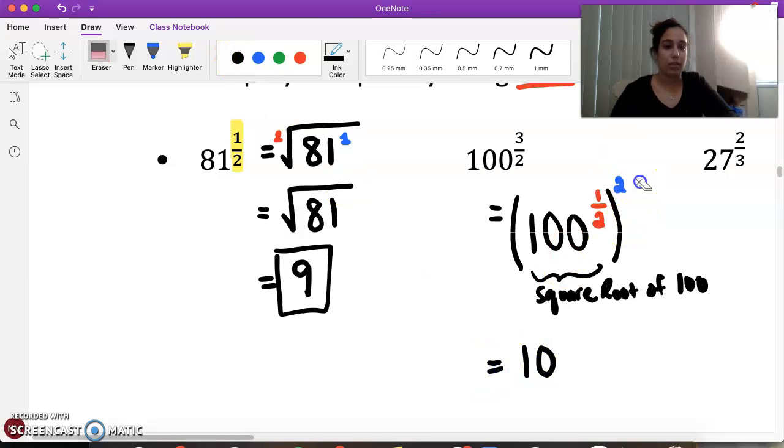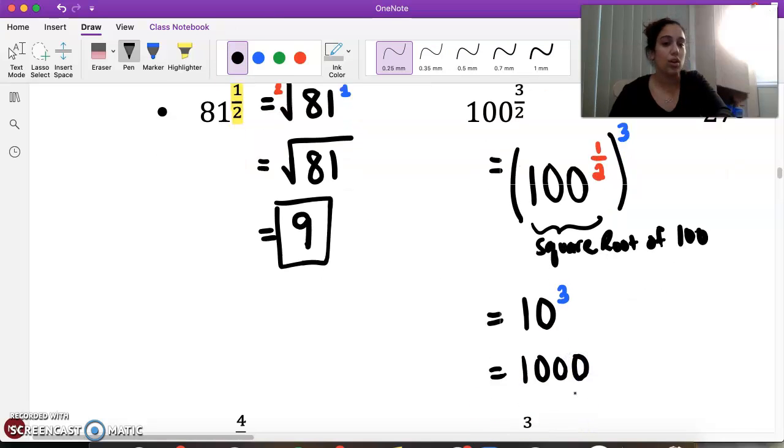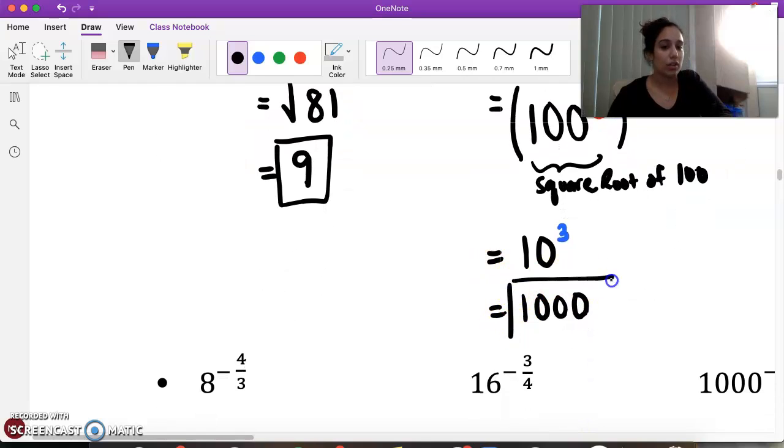Oh, this should be a 3. Then 10 cubed is what? 10 cubed is 1,000. So that is your answer.